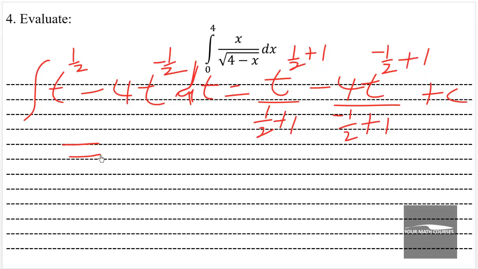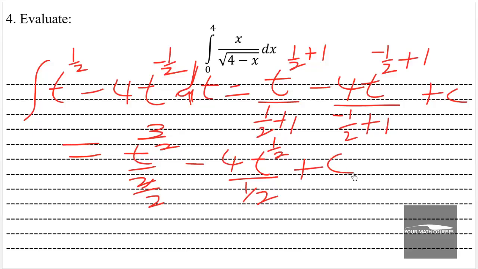It will be t exponent 3 over 2 over 3 over 2, then we have minus 4 t exponent half all over half plus c.